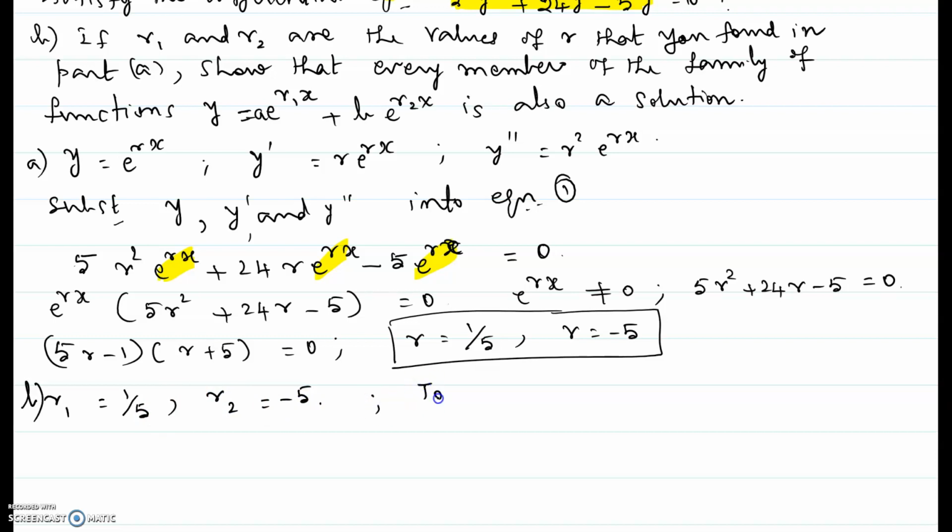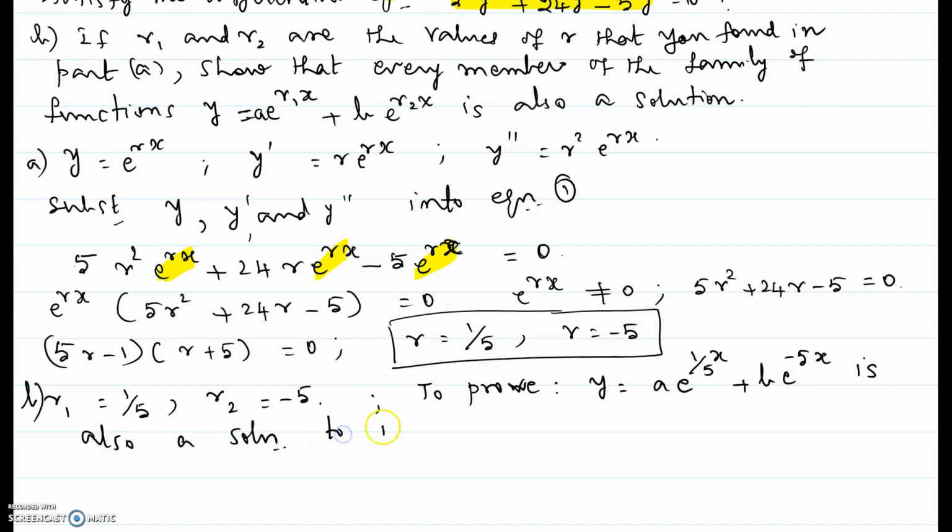We have to show that y equal to a e to the 1 over 5x plus b e to the negative 5x is also a solution to equation 1.